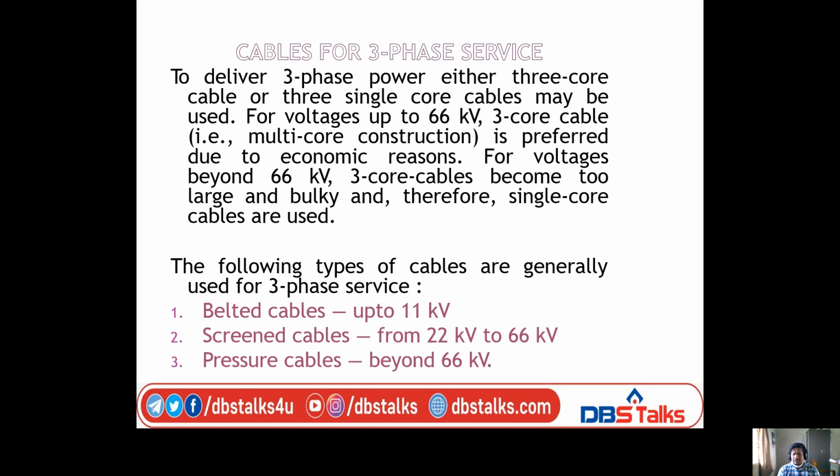The three core cables generally used in three-phase services are: first, belted cables, used up to 11 kV; screened cables, used for voltage rating from 22 kV to 66 kV; and pressure cables, used beyond 66 kV.